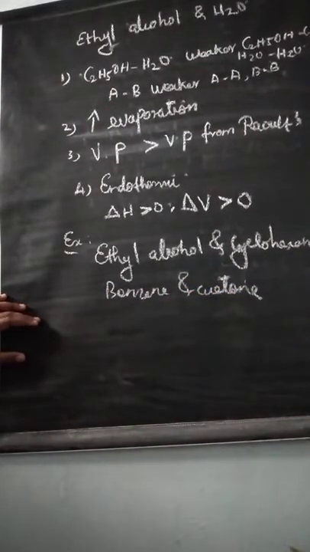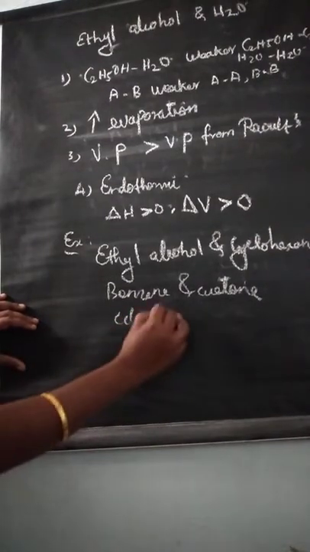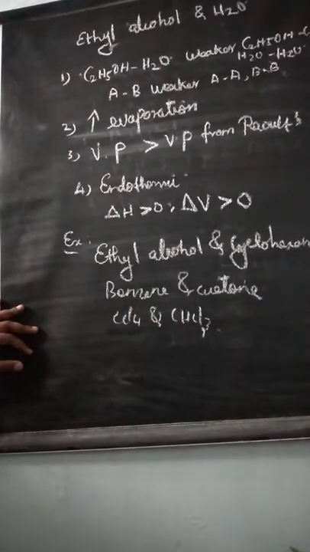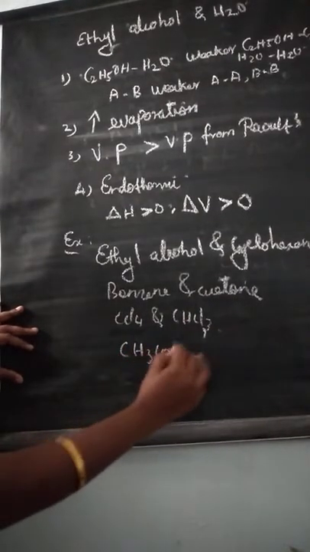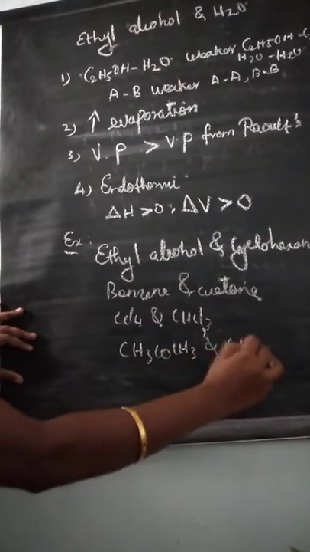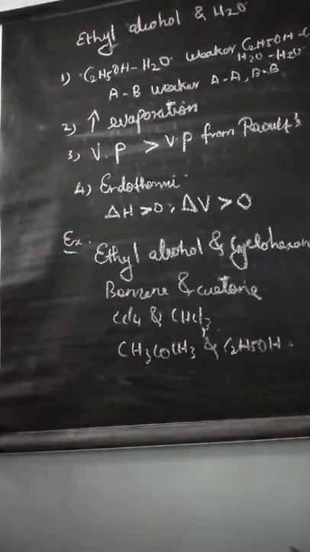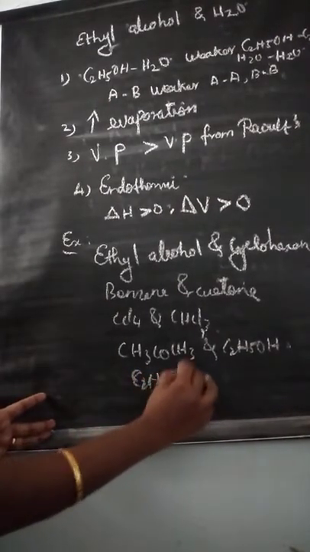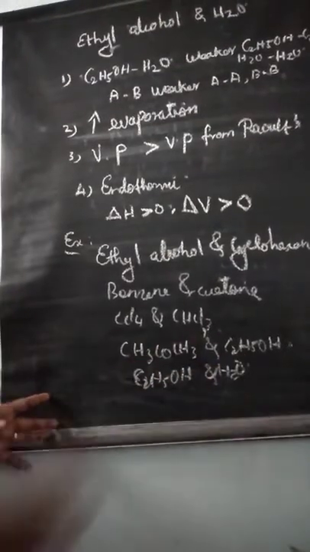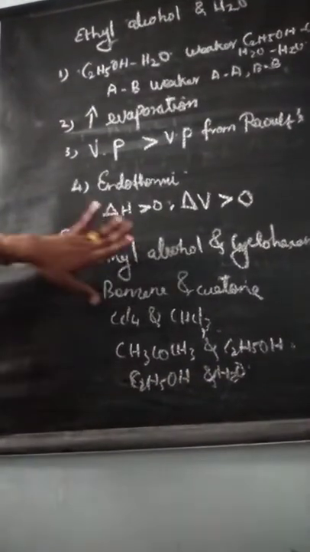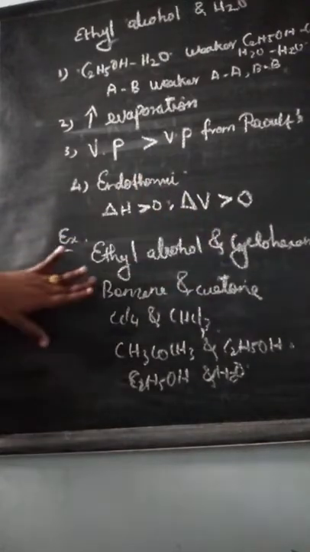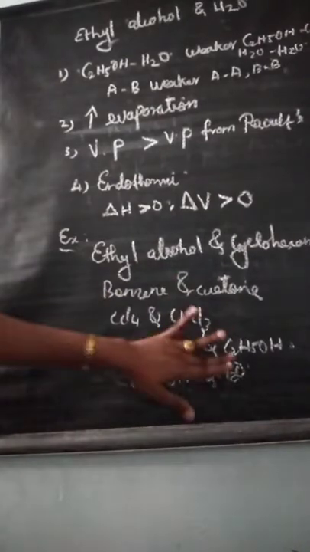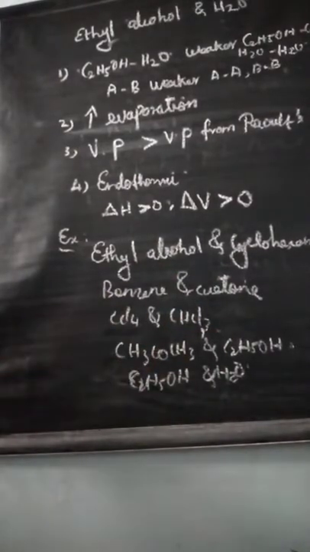Some more examples: carbon tetrachloride and chloroform, then acetone and ethyl alcohol, and already we learned ethyl alcohol and water. Try to learn all these examples: ethyl alcohol and cyclohexane, benzene and acetone, carbon tetrachloride and chloroform, acetone and ethyl alcohol, and ethyl alcohol and water.